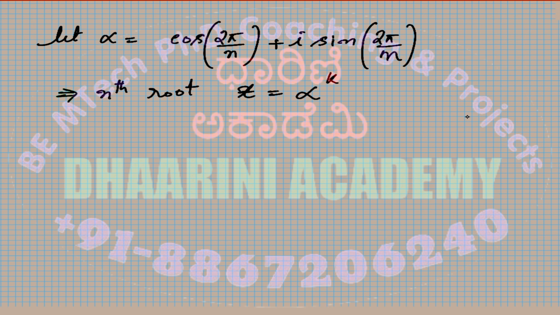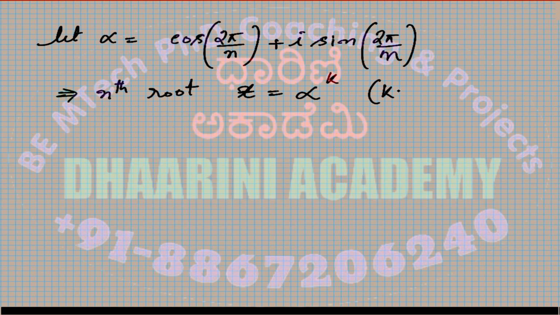Okay, now we know what the different nth roots of unity are. All the nth roots of unity x are given by alpha to the power k, where k varies from 0, 1, 2 up to n minus 1.